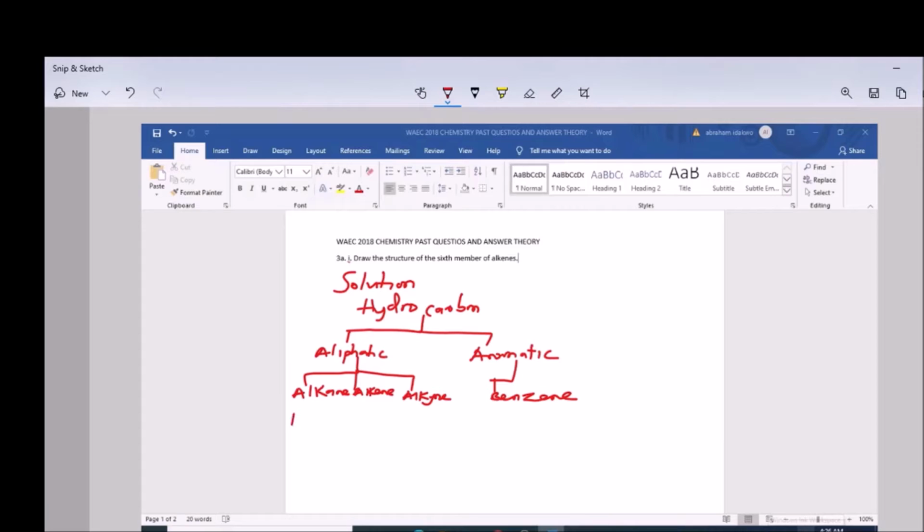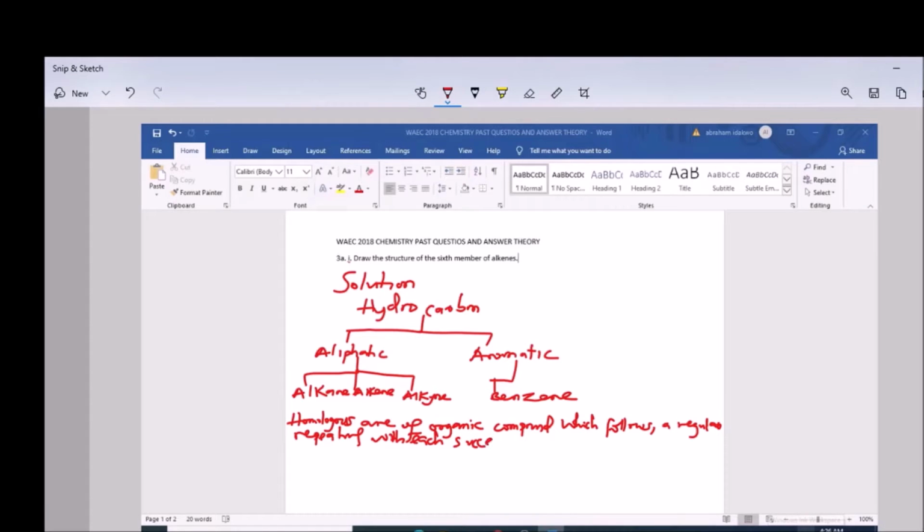Then the homologous series are family of organic compounds which follow a regular repeating pattern, with each successive member differing.